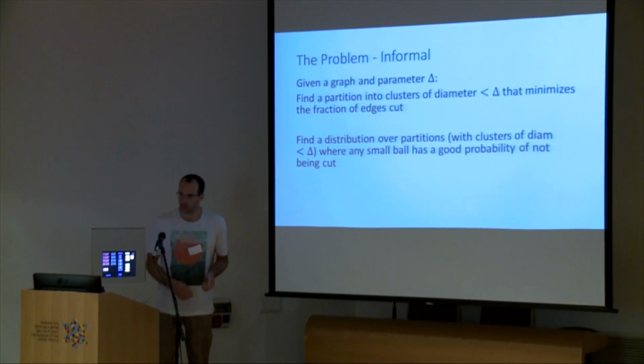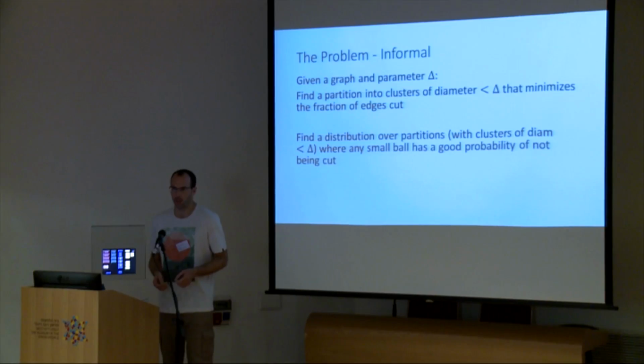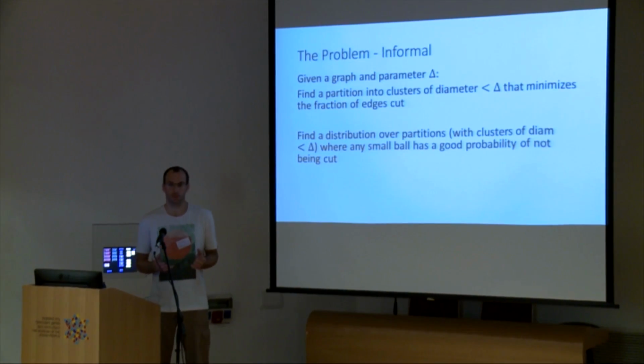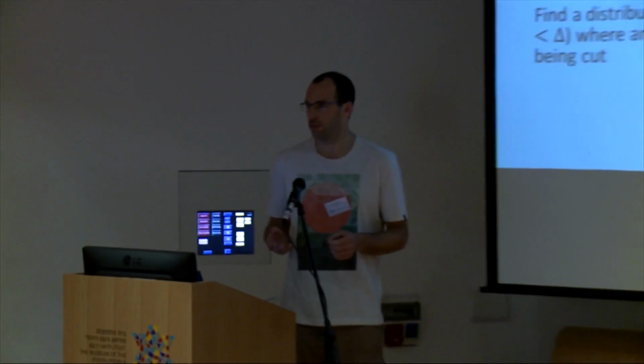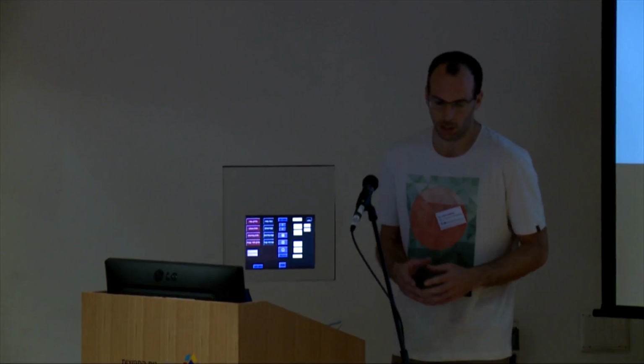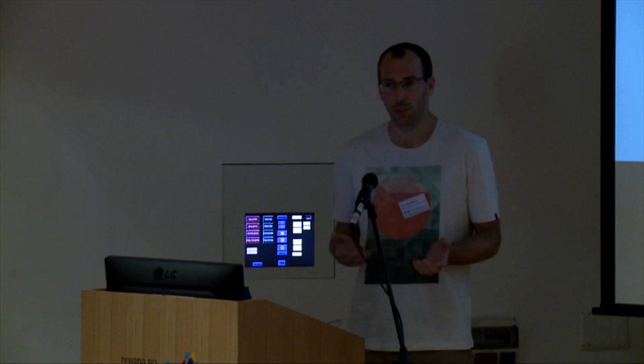Good. So the general problem is as follows. You're given an undirected graph and a parameter delta, and you want to partition the graph into clusters such that the diameter of every cluster is bounded by delta. So, small diameter pieces. And the objective is to remove as few edges as possible.